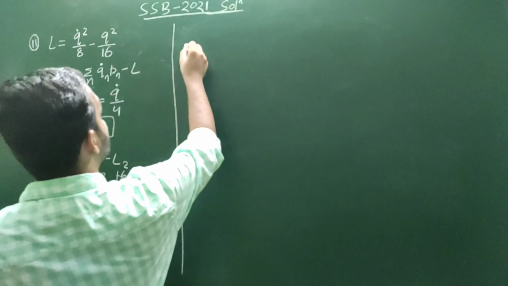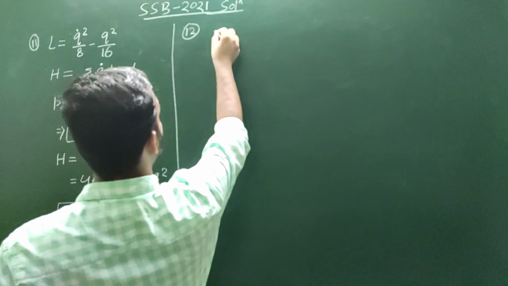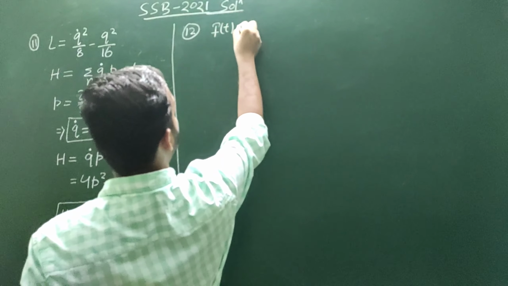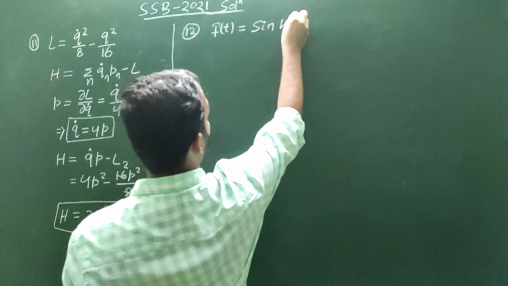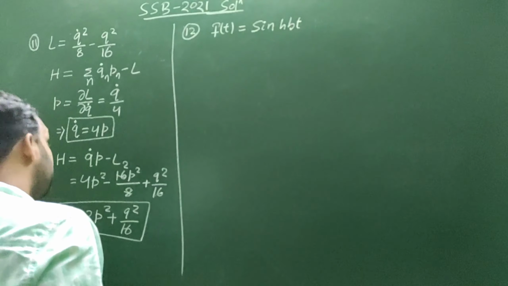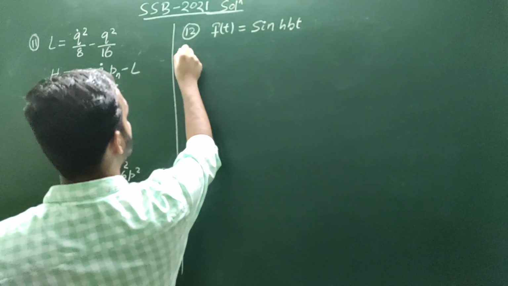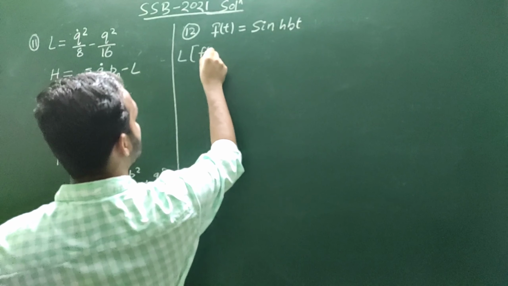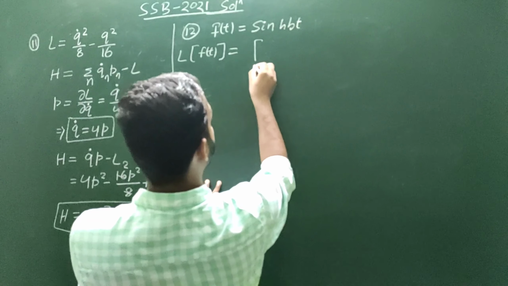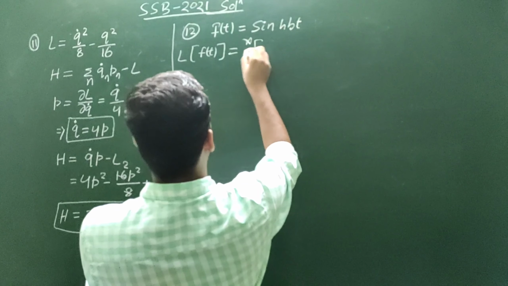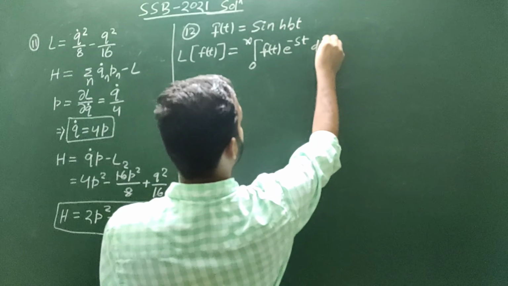Now the next question is asking for the Laplace transformation of f of t, which is equal to the hyperbolic sine function, sine hyperbolic function, this one. You know how to find the Laplace transformation. We can write L of f of t is equal to the integral from 0 to infinity of f of t e to the power minus st dt.